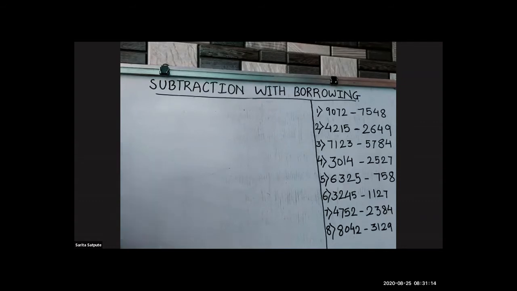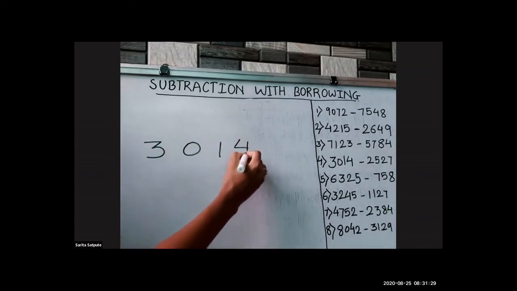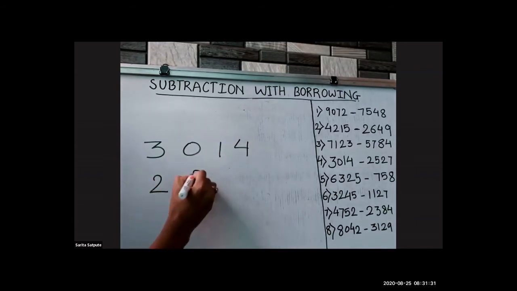Yes, read the fourth question. 3014 minus 2527. Yes, very good. 3014 minus 2527.